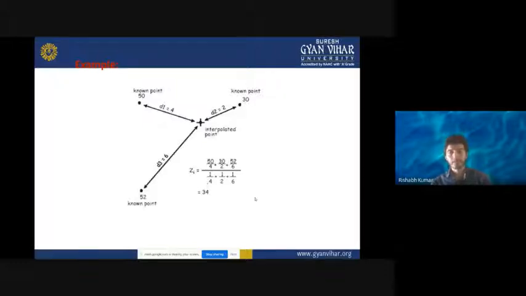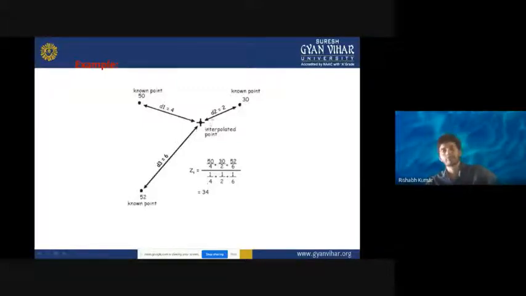So here, this middle point, this cross, is your prediction location where you want to find out the value of a particular variable. That variable could be your rainfall, your temperature, right? But suppose here we are talking about temperature. So here the variable is temperature. This point is the point where the value of temperature is unknown, and we want to find out the value of temperature at this point.